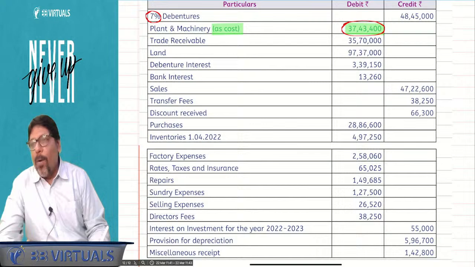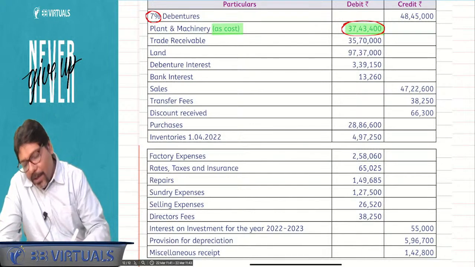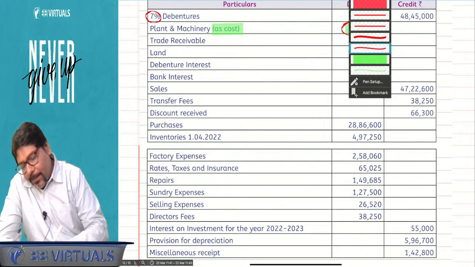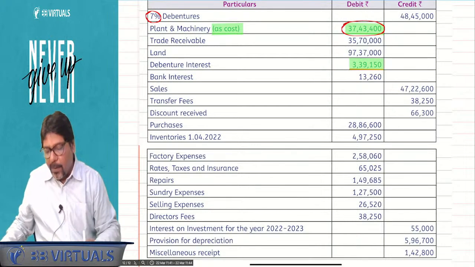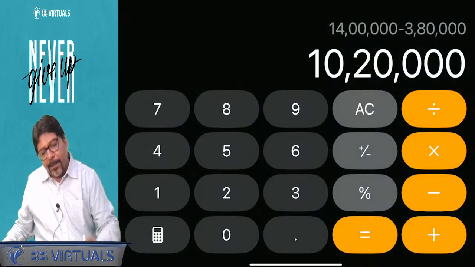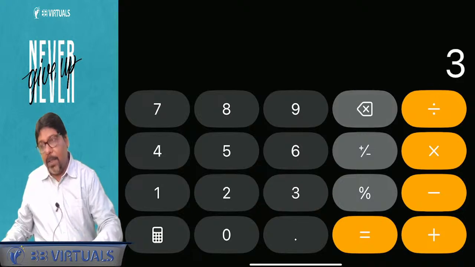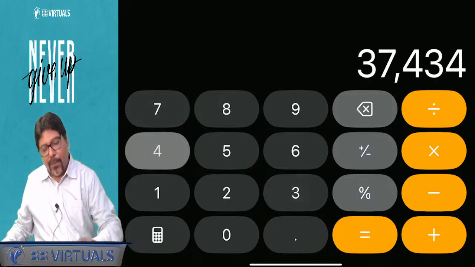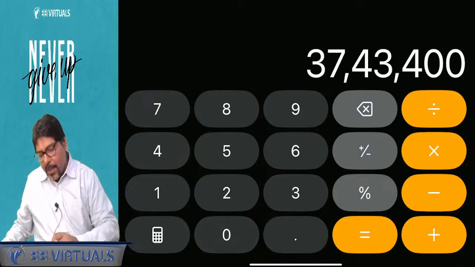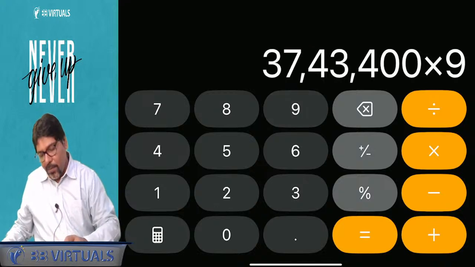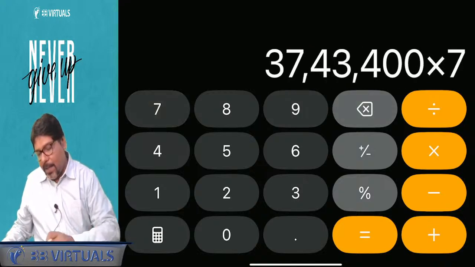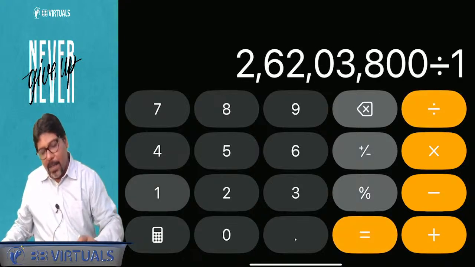Debenture interest. They have already given debenture interest of how much? 339,150. Quickly, 37,43,400 into 7 divided by 100.